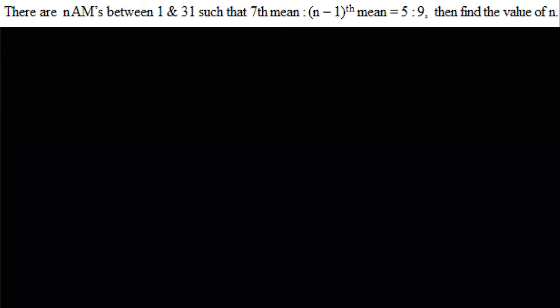Now here the question is, n AMs are inserted between 1 and 31, such that the 7th mean upon the (n minus 1)th mean is equal to 5 by 9. Find the value of n.